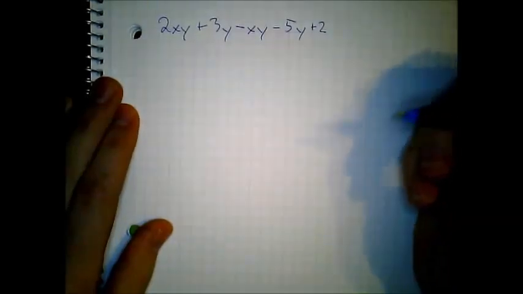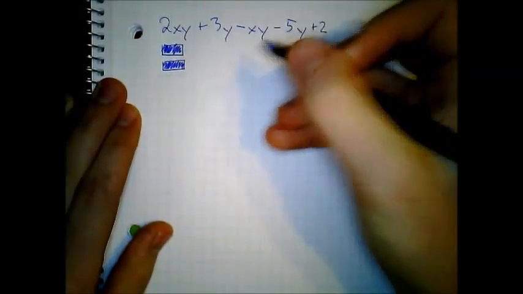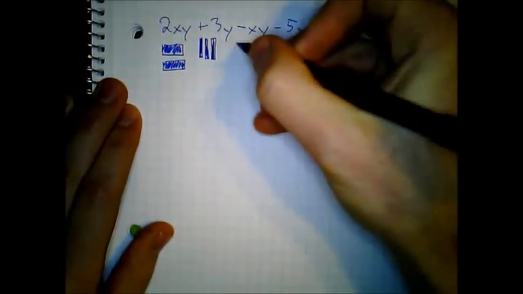So again, what we want to do until we get very good at this, just doing it in our minds, we want to draw what we have. We have a positive 2xy, so that's our big rectangle. So we're going to draw it and shade it in because it's positive. We have a positive 3y. We have a negative xy.